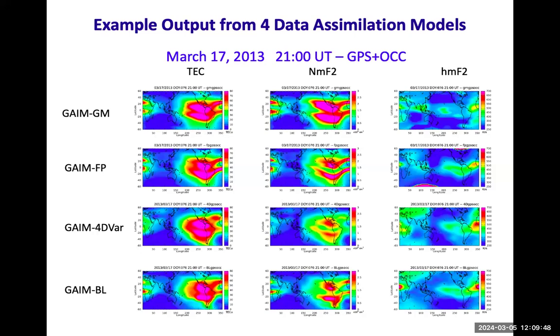And the last question is, how long can GAIM predict after assimilation better than empirical models? That is of course a very difficult question to answer. It depends a lot on the geophysical conditions. During a storm, if a storm hits, you're basically out of luck if you can't forecast what happens to the drivers.